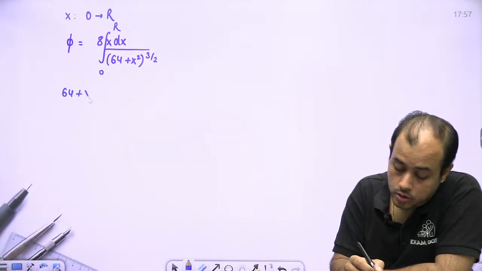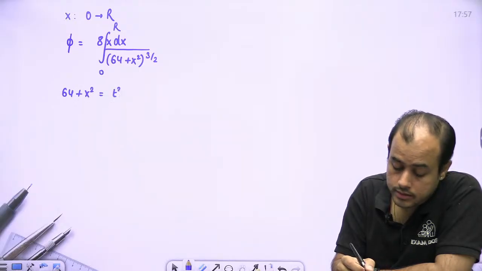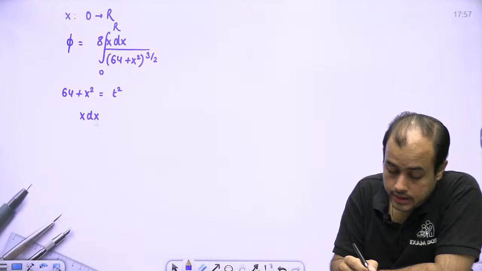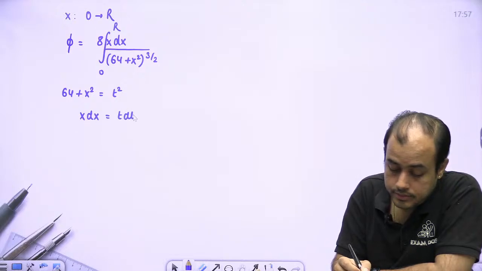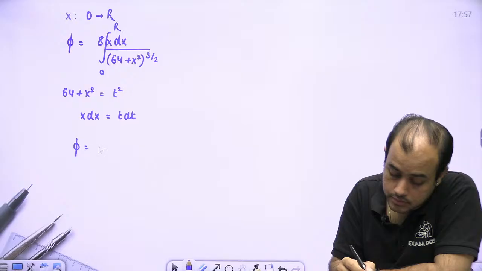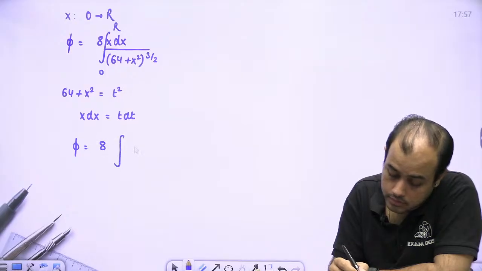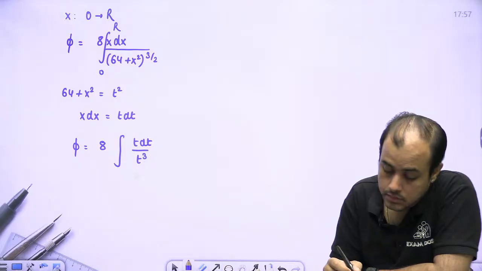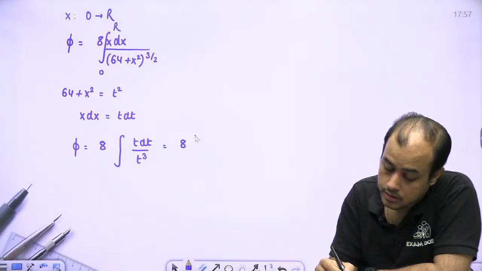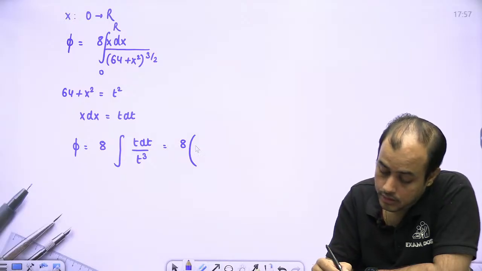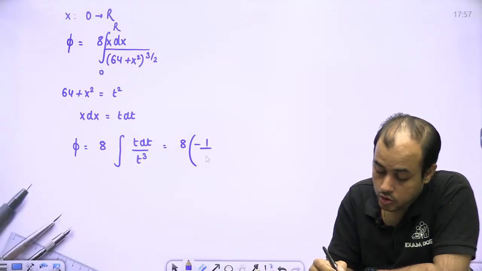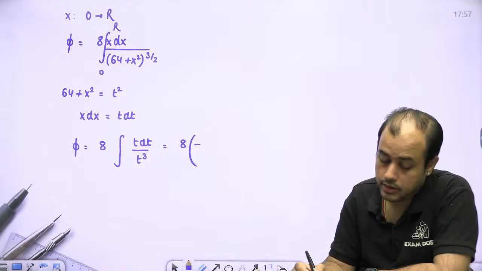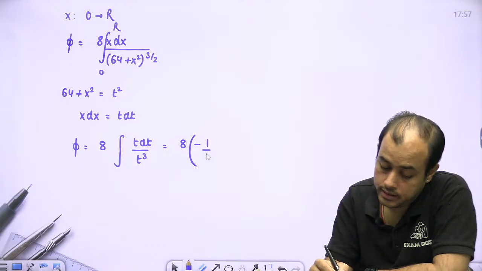Now 64 plus x square is t square, x dx is t dt. Cube. 1 by t cube is t to the power minus 2, 1 by t square is minus 1 by t.